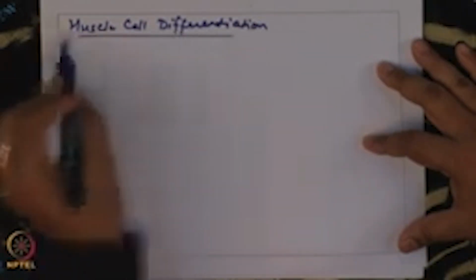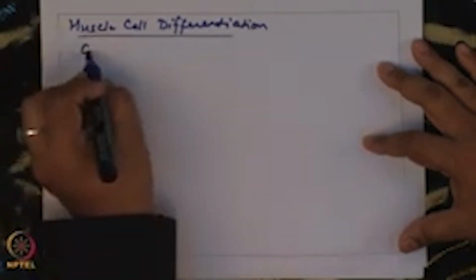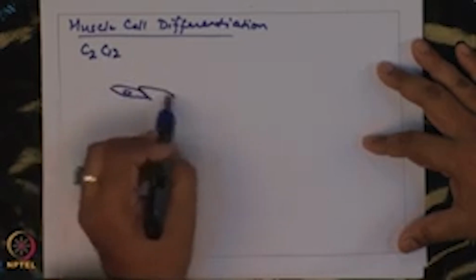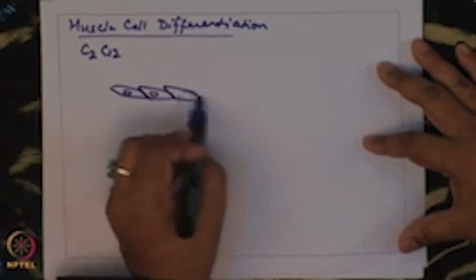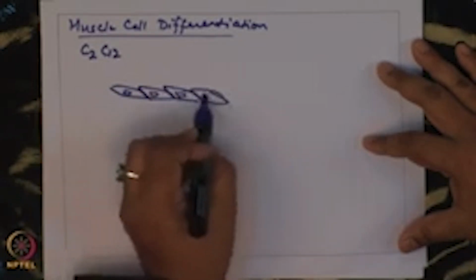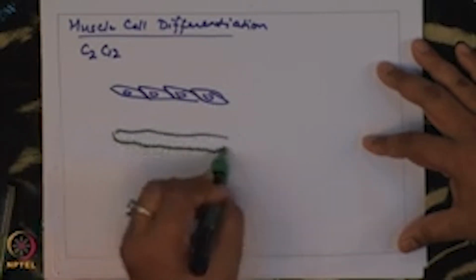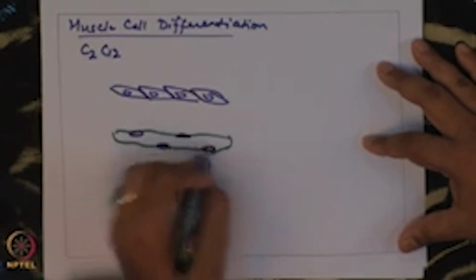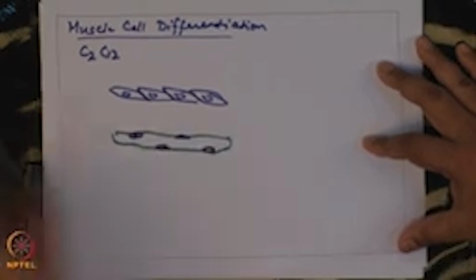For muscle cells to differentiate, particularly skeletal muscle cells like C2C12 cells, you have individual cells which come together, and then eventually fuse to form a multinucleated cell.